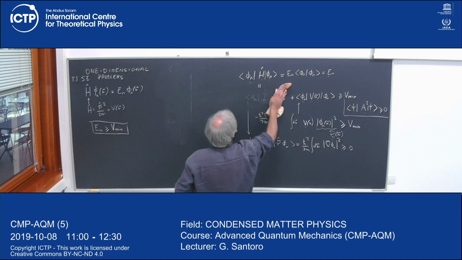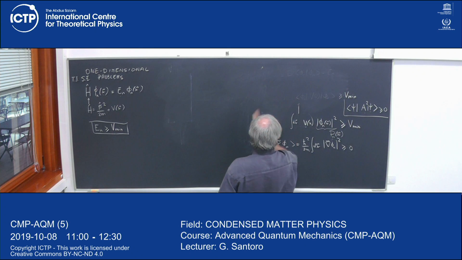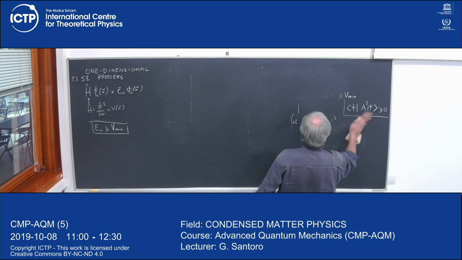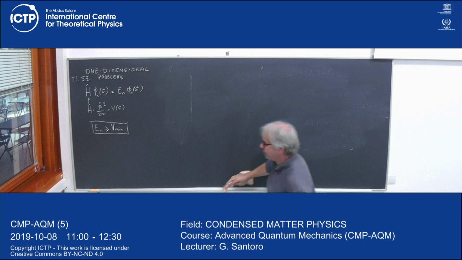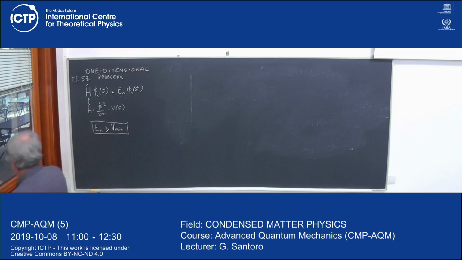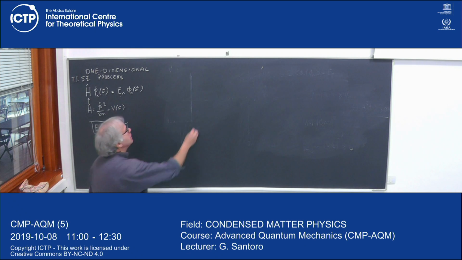I told you the spectrum is the set of all possible eigenvalues. There are an infinite number of them. They cannot be below the minimum of the potential. What could happen? Several things.